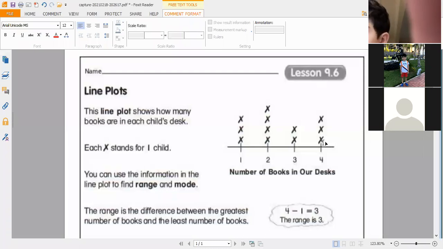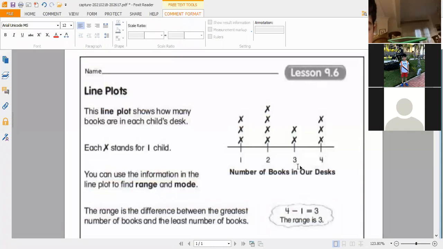I want to know how many children choose 4 books. Malik, do you hear me?